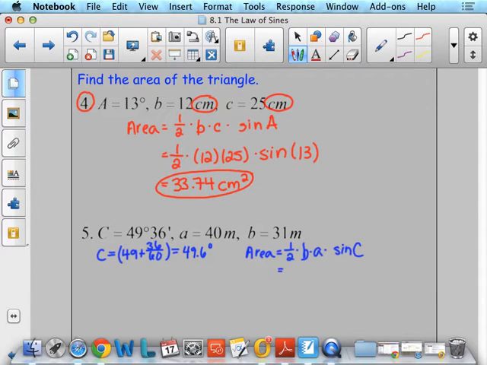So now we have 1/2 times 31 times 40 times sine of 49.6. Okay, so you should get 472.15. This one, the units was meters, so meters squared.